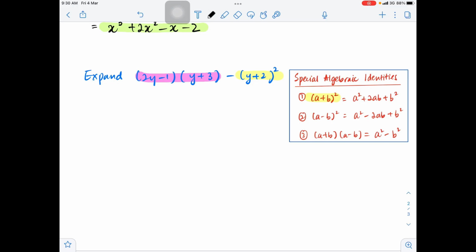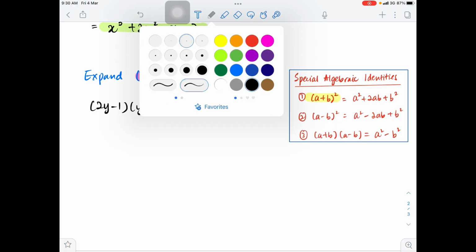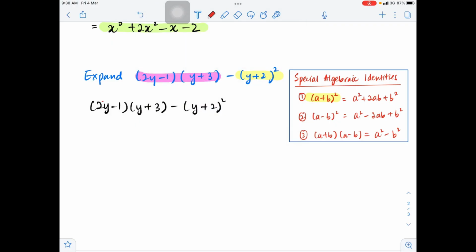So let's try to expand this. The first part, we cannot use any special algebraic identity, so therefore the only way is to go back and use what we have already learned, which is the distributive law, to help us with the expansion.